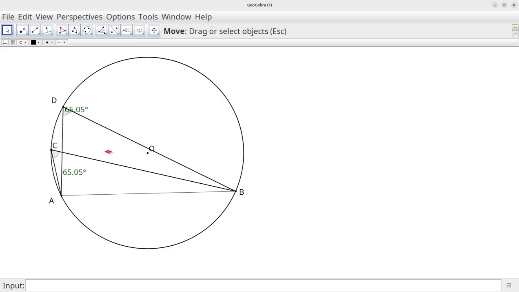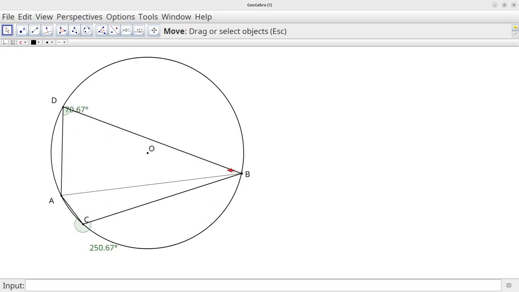What happens if I bring it on the other segment? Hey, it's changing. It's no longer 65. Let me measure the one.